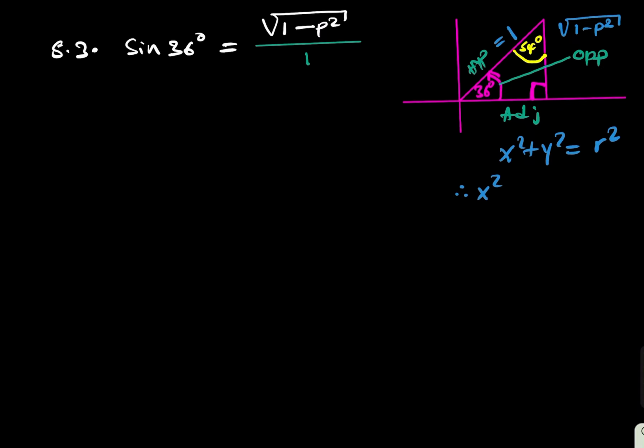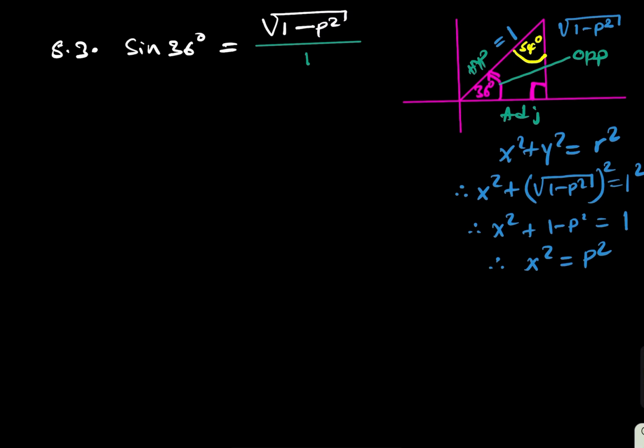That is x squared plus your y, but your y is primarily the square root of 1 minus p squared, all squared is equal to 1 squared. So therefore, you are going to get x squared, and then that square root is going to undo with the square there. You're going to get plus 1 minus p squared is equal to 1. Therefore, you get x squared is equal to p squared.